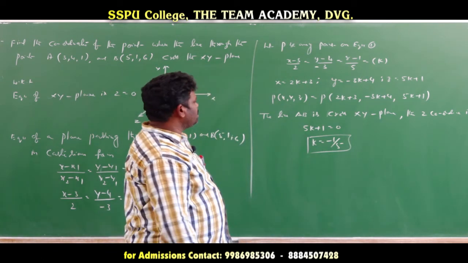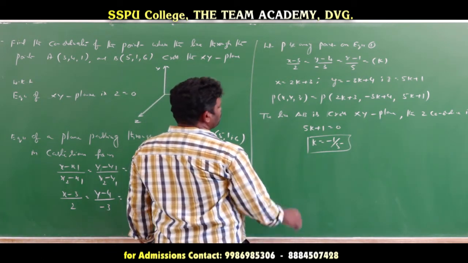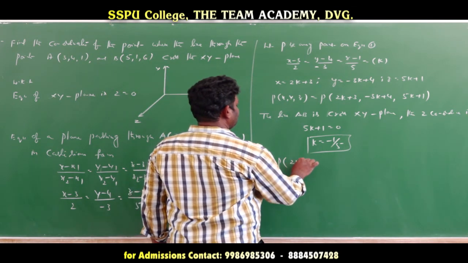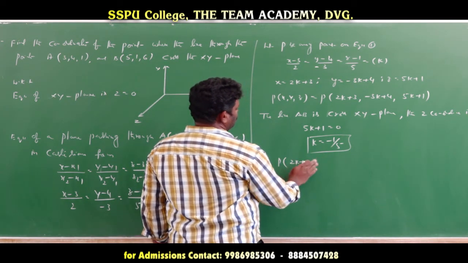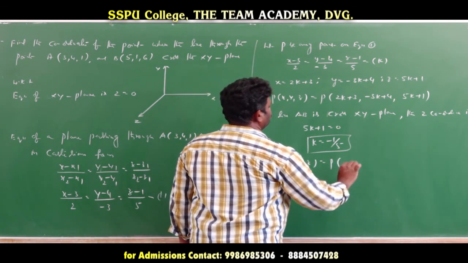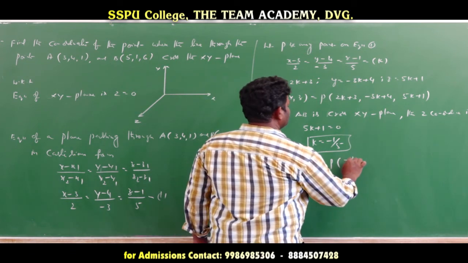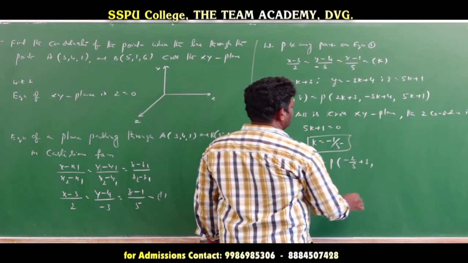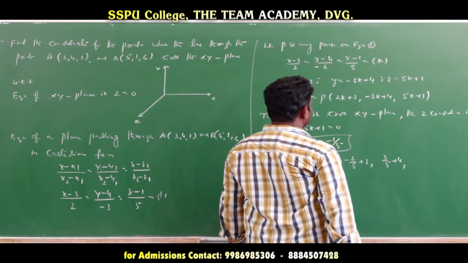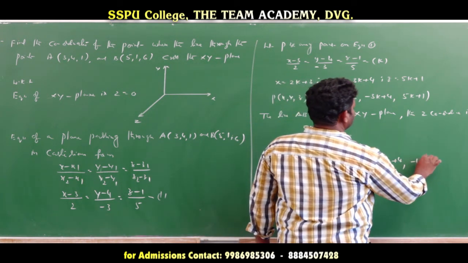Now for the required coordinates: P of x, y, z is P of 2 into minus 1 by 5 plus 3, minus 3 into minus 1 by 5 plus 4, and 5 into minus 1 by 5 plus 1, which cancels to 0.